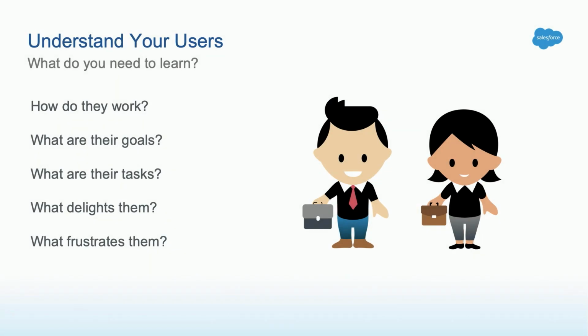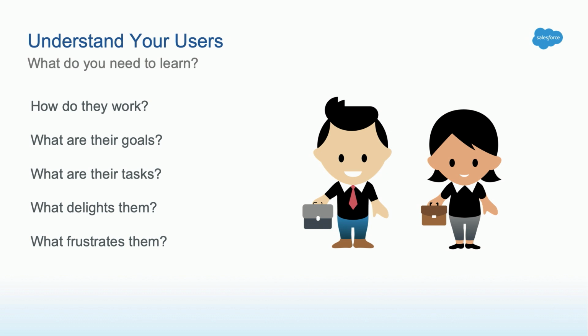So the first thing is, what should you be learning about your users? From the research that we've done, we've seen that users' mobile needs are different from desktop needs. While users might want desktop and mobile to be complementary, they still want the mobile experience to be tailored to their mobile needs. So, to begin with, it's important to get a deep understanding of how they work.